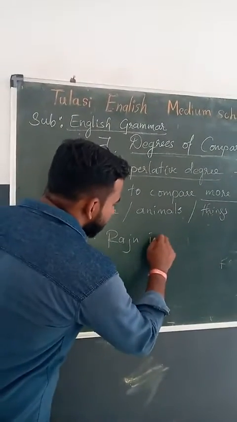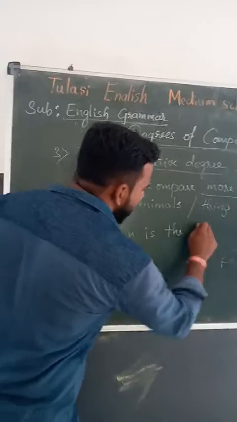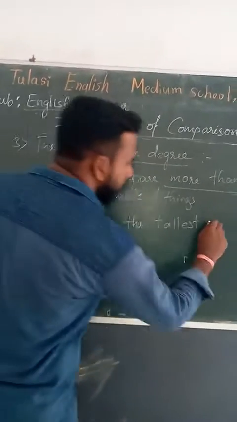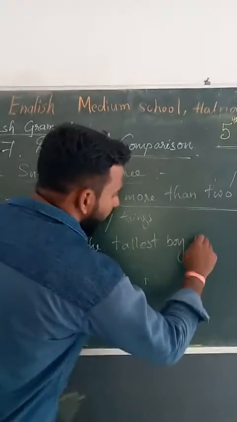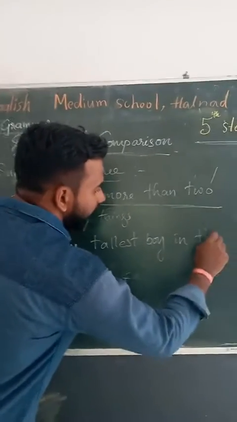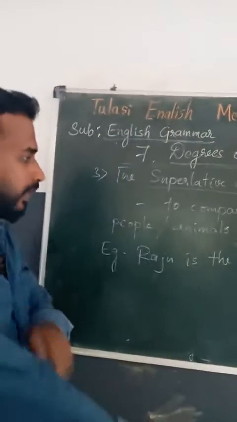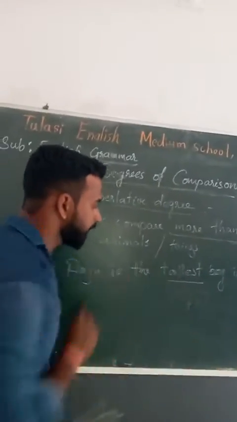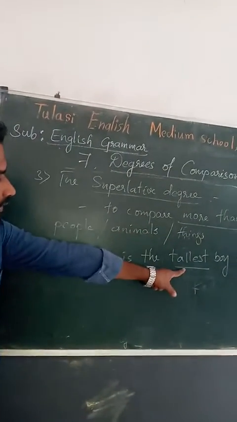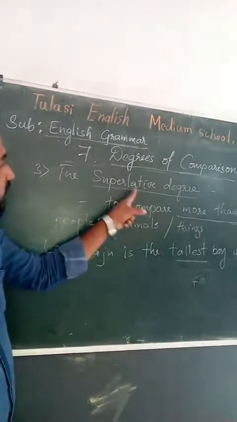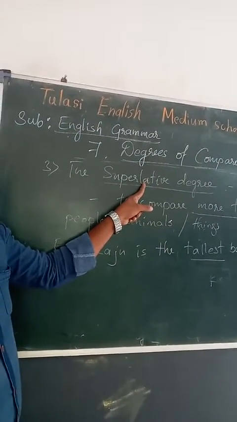Raju is the tallest boy in the class. See, one by one. Here, tallest, because it is the superlative degree.